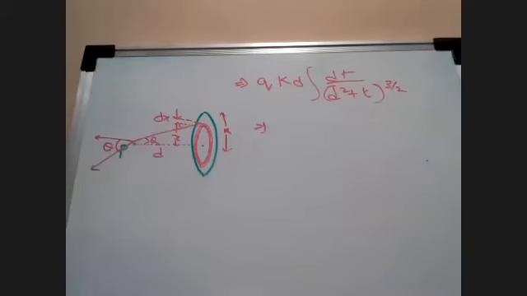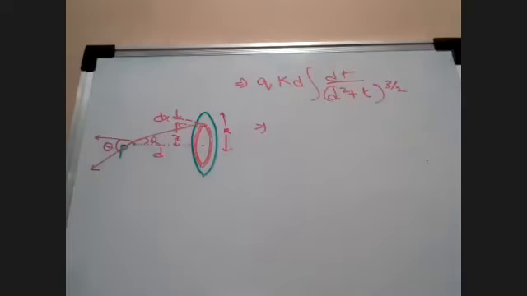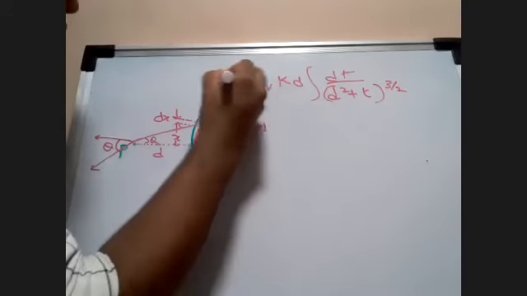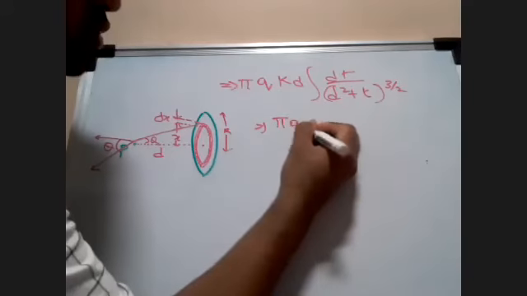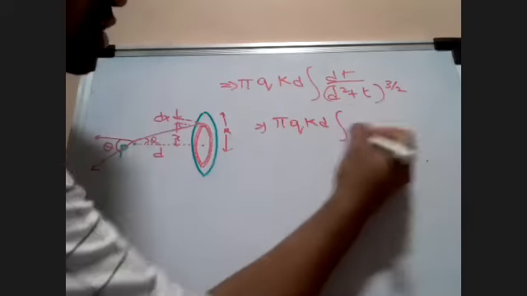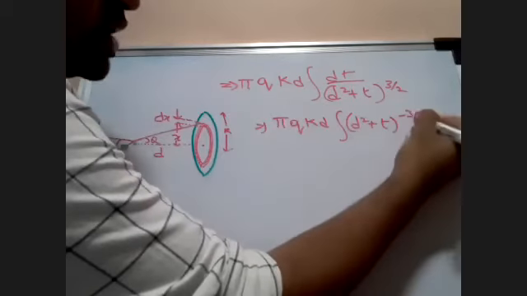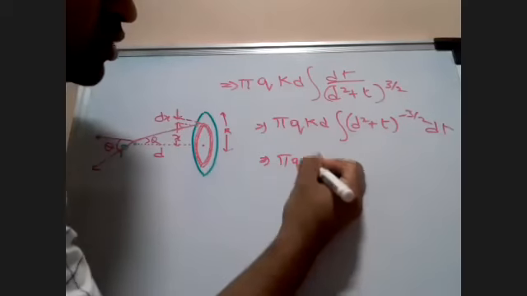How will you do it? There is another term over here, it is going to be pi. So you will take pi q k d integration of d square plus t whole raised to minus 3 by 2 dt, and that will give you pi q k d.